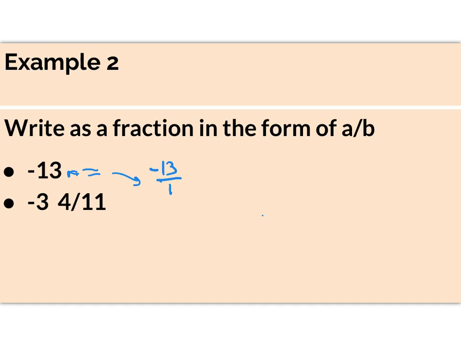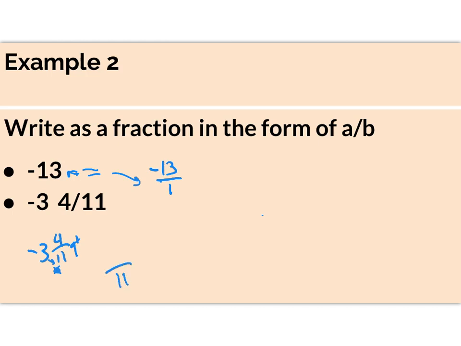So let's take this. This is -3 and 4/11ths. Now, if you watch some of the fraction videos, you will know that the 3 multiplies. It multiplies, and then we add. And then the bottom stays the same.